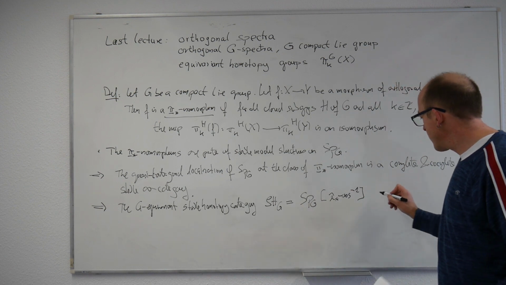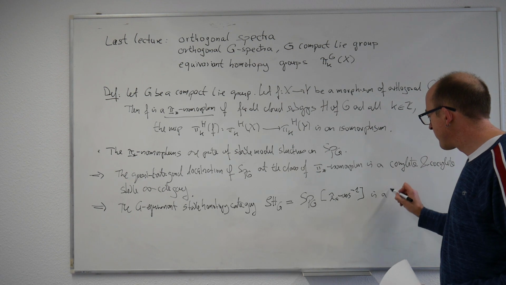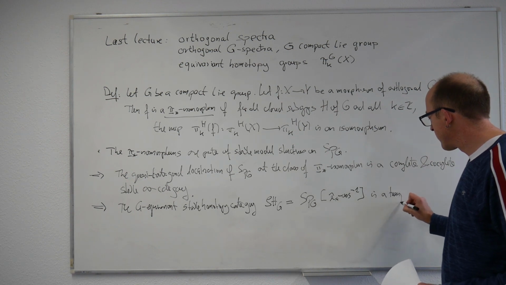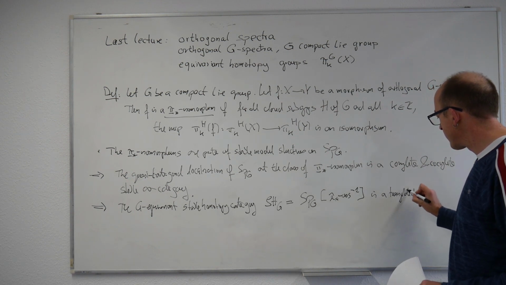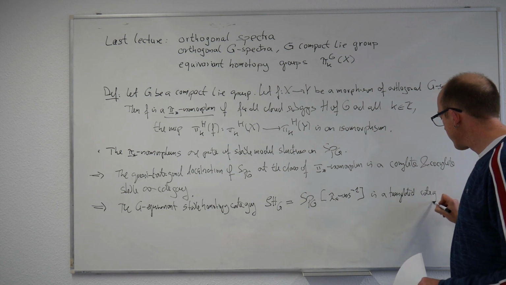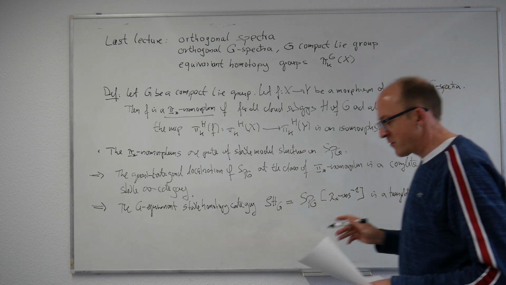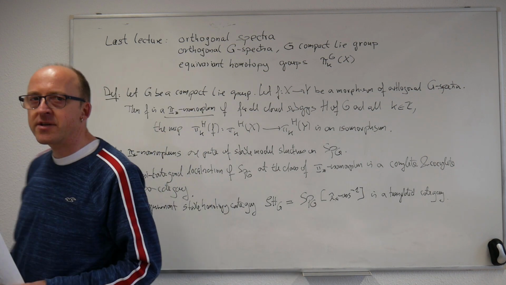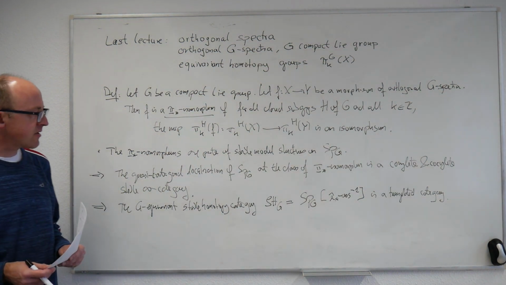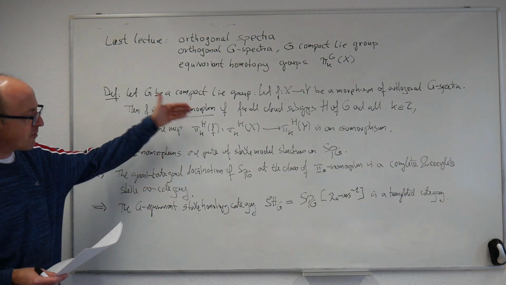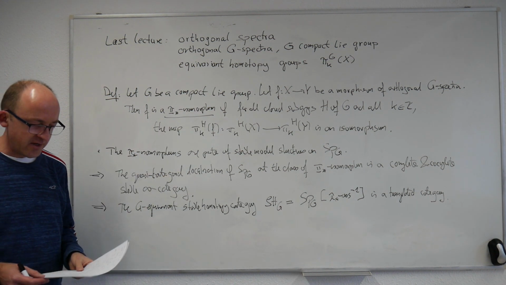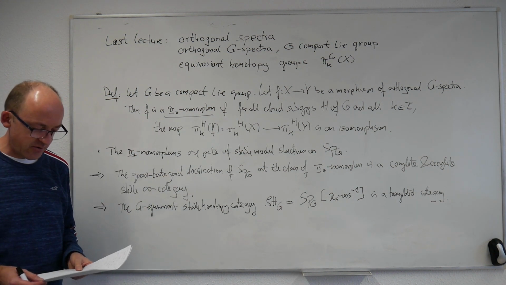So this is naturally a triangulated category. Of course you know that a triangulated category is not a property, it's extra structure on the category, but this comes naturally from either the model structure or from the structure of a stable infinity category.